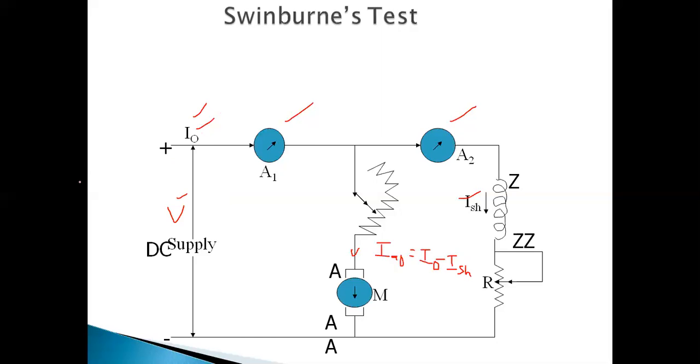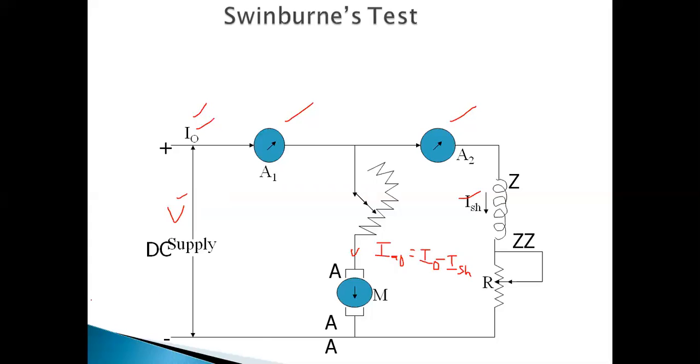The losses that occur in machines are mainly iron losses in the core, friction and windage losses, and armature copper losses. Since the no load mechanical output of the machine is zero, in the Swinburne test the no load input power is only used to supply the losses.